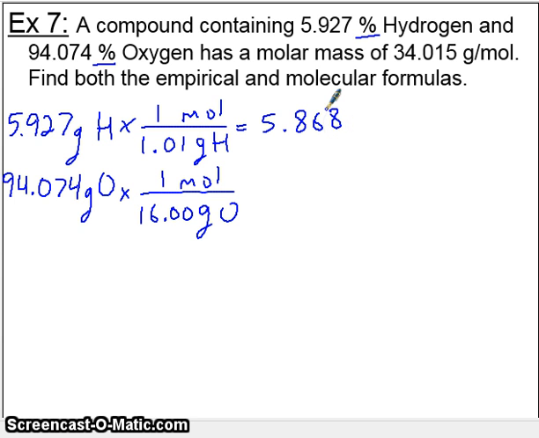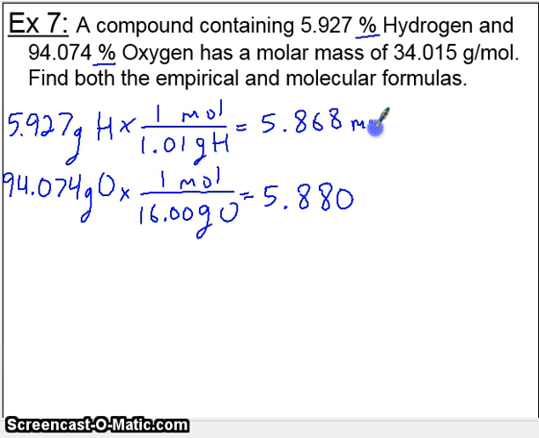Now remember, it's important to keep significant figures. So if you have 4 here, keep at least 4. Don't round until the very end. If we divide the oxygen, we have 94.074 over 16. That gives us 5.879, or 5.880 if you round.